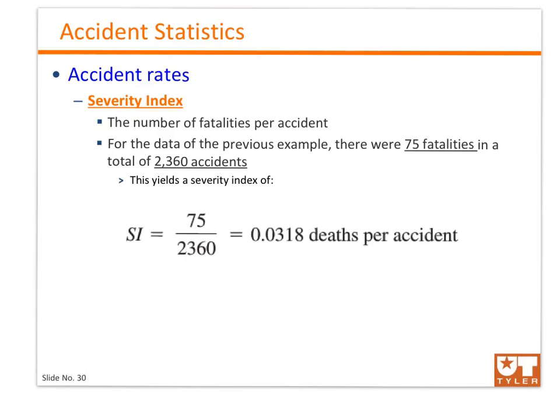So for the data that was shown in the previous slide, there were 75 fatalities in a total of 2360 accidents, and that's going to lead us to the SI, the severity index, which is equal to 75 fatalities over the number of accidents, and that shows us that we have 0.318 deaths per accident. And that's the third type of index that we use in terms of accident rates and accident studies.